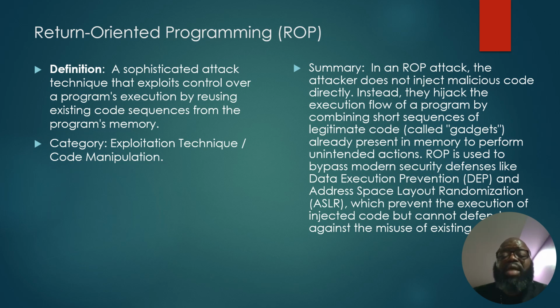Return-oriented programming, the ROP. In a ROP attack, the attacker does not inject malicious code directly. Instead, they hijack the execution flow of a program by combining short sequences of legitimate code called gadgets.